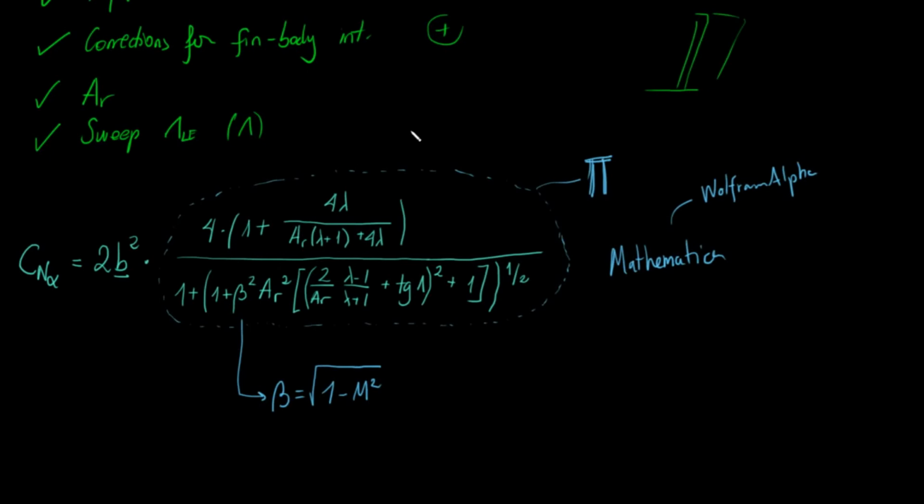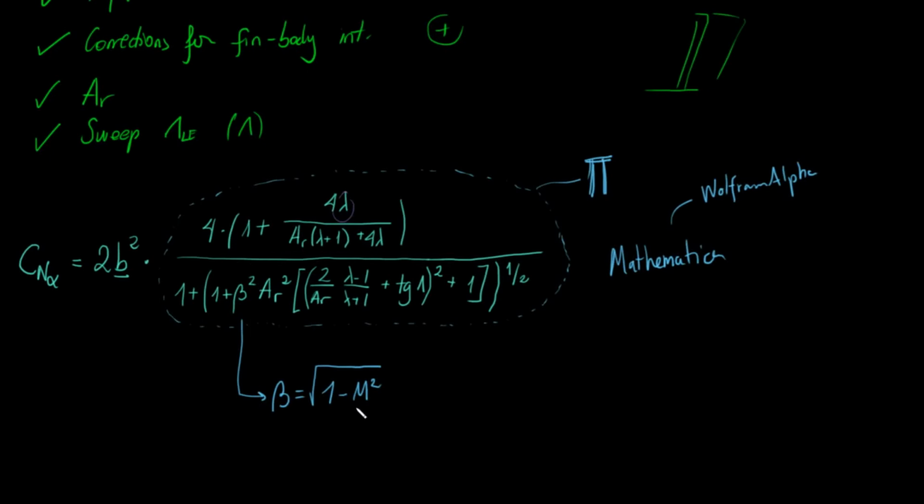So this function has 3 variables. 1, taper ratio. I'm not gonna talk about the beta. I'll just call it Mach 0 for this plot.